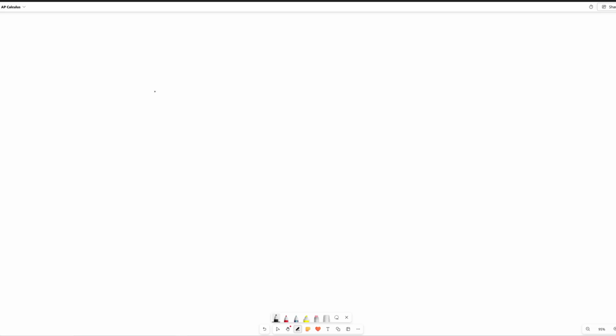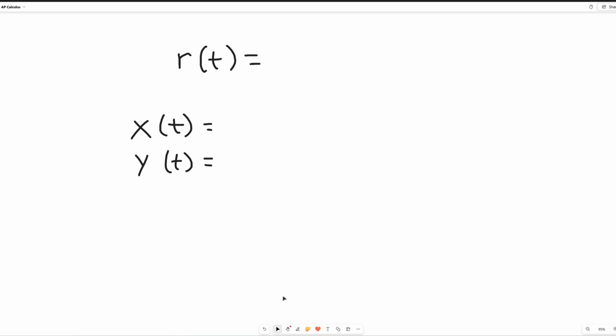So, this is essentially a function, we're going to say r of t, which is made up of parametric equations. A parametric equation is essentially a set of equations where your x value and your y value depend on time. So what does this mean in relation to normal equations?